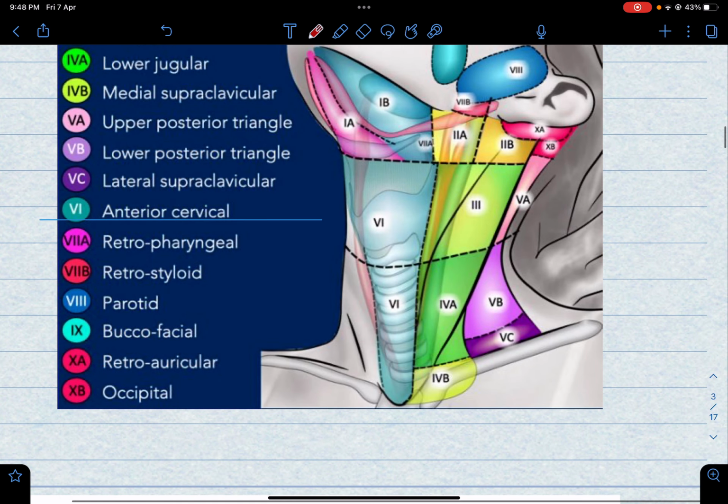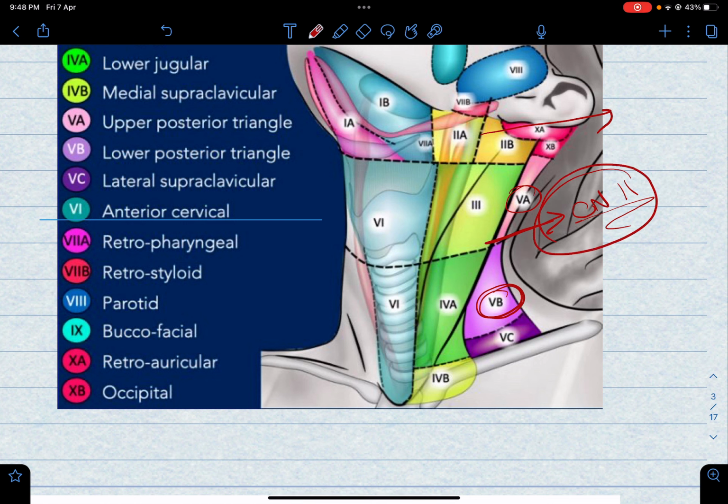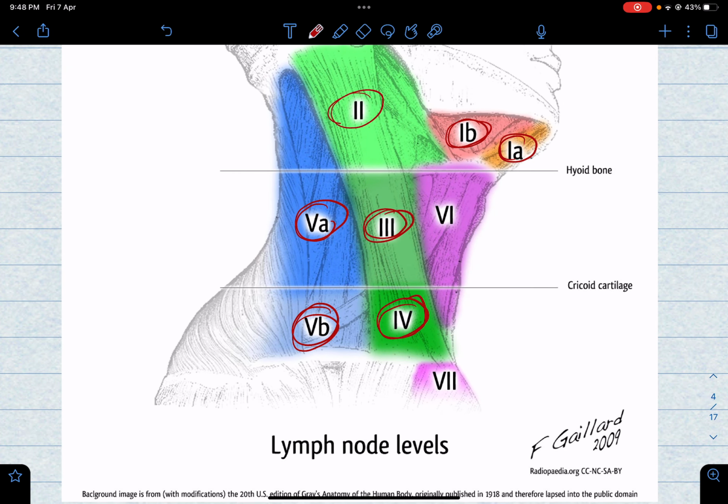Okay, remember 5 does have subdivisions A and B, I'm sorry, and it's separated by cranial nerve number 11 or the accessory nerve, or the omohyoid muscle, and superiorly going to be A and inferiorly going to be B. Alright? Okay, that makes sense. So this is 1, 2, 3, 4, 5A and 5B, and 6.